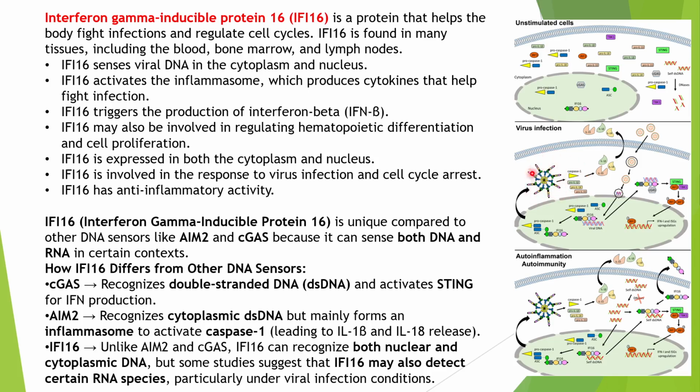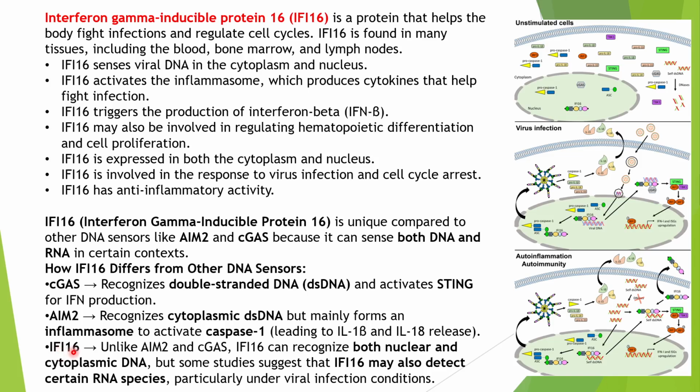This circular wheel-like thing is your inflammasome. Then your caspases will be activated. So then basically it will try to clear the infection or infected cells. So your inflammasome is activated, and then your caspase 1 is activated, leading to IL-1 beta and IL-18 release.